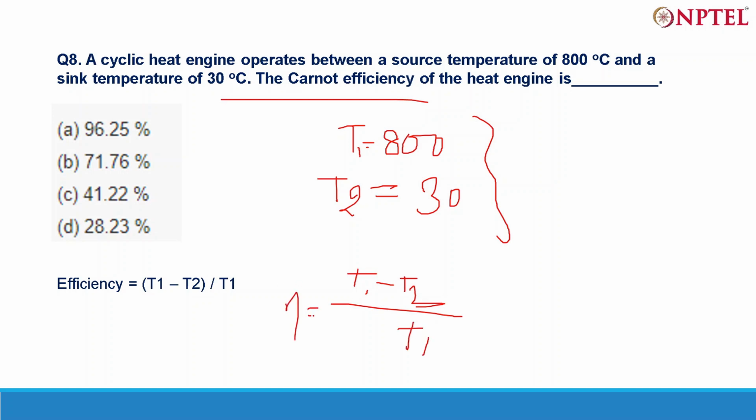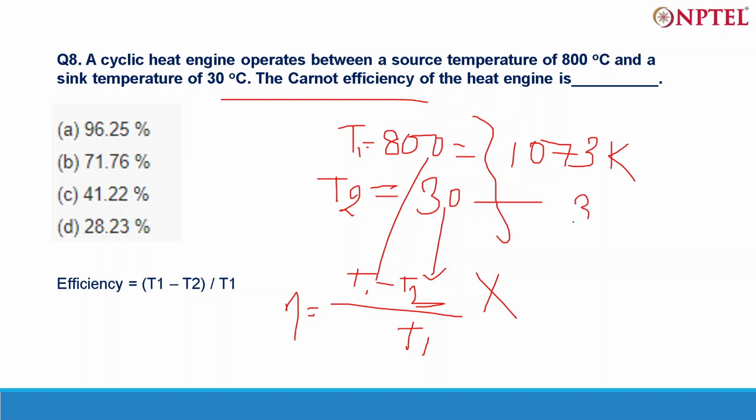But if you put this value here and this value here, it will give a wrong efficiency value. You need to convert it to Kelvin. Now put it here. You will get efficiency as 96.25, I think is the correct answer.